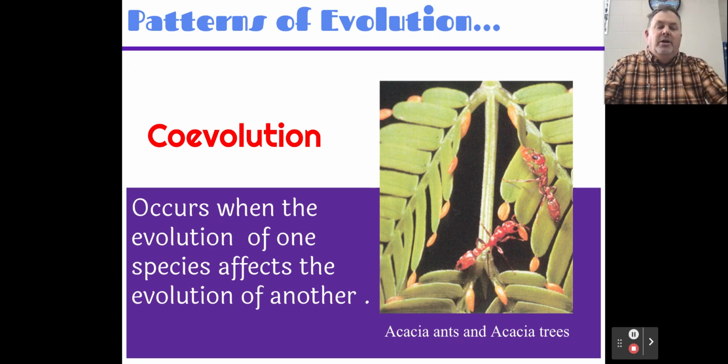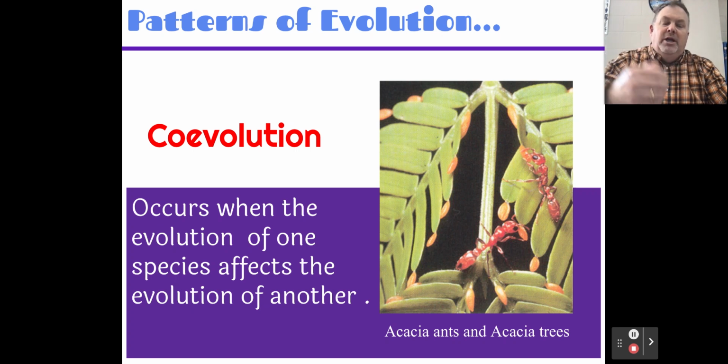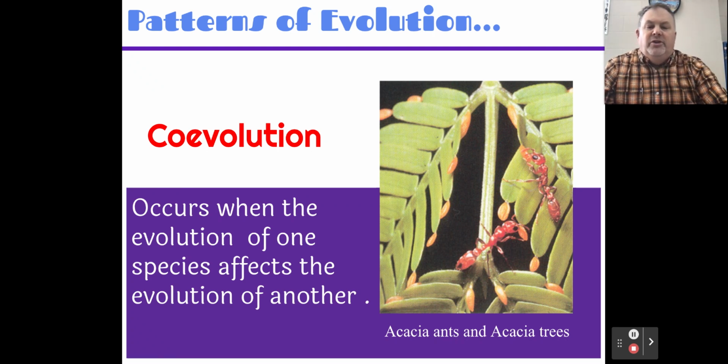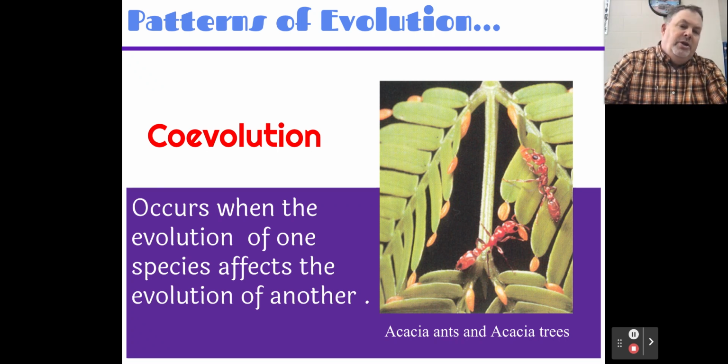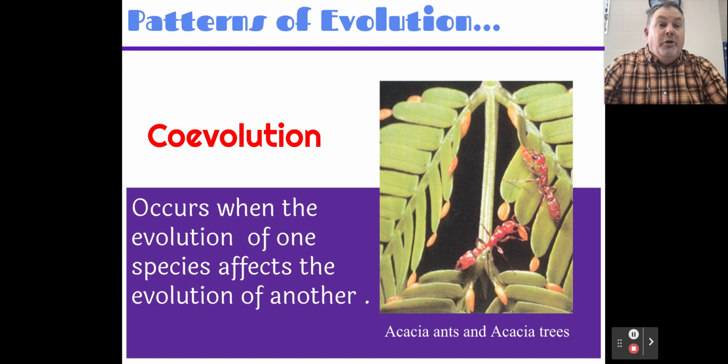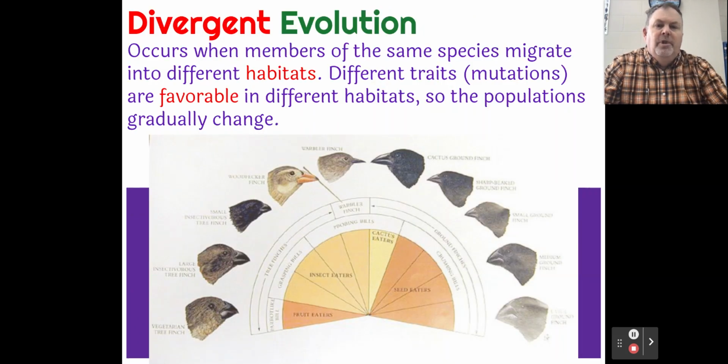And as one develops, it will lead to the development of these innovations, maybe within the corresponding species. So in this case, the Acacia ants and the Acacia trees, they're two different species. One's a plant and one's obviously an animal, but they are unique to them in the sense that they need each other at this point, and they are developing together as time goes on. This is referred to as coevolution.